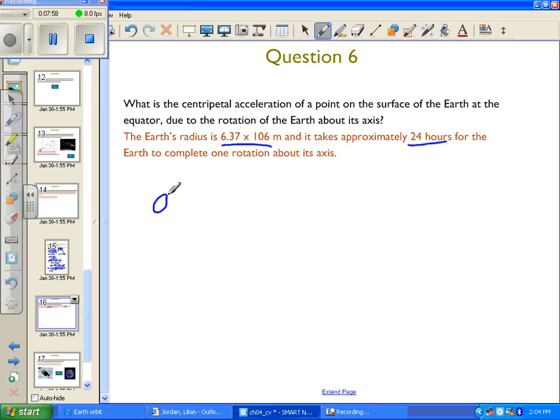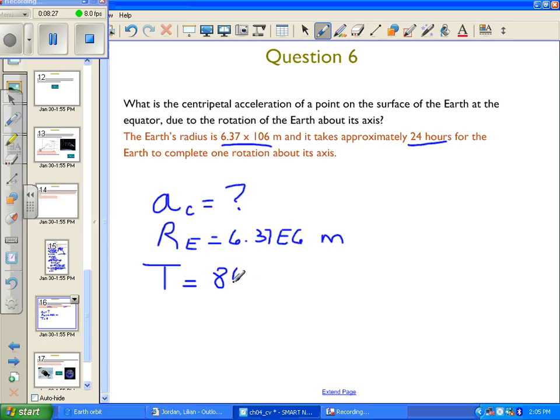So, we are solving for the centripetal acceleration of an object or a point or anything on the equator, given that the radius of the Earth at the equator is 6.37 e to the 6 meters, and that the orbital period of the Earth, 24 hours, when we convert into seconds, is 86,400 seconds.